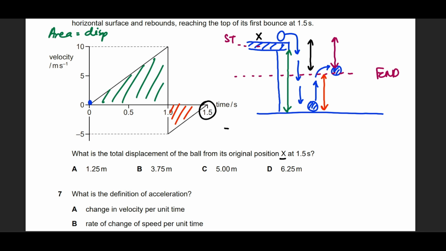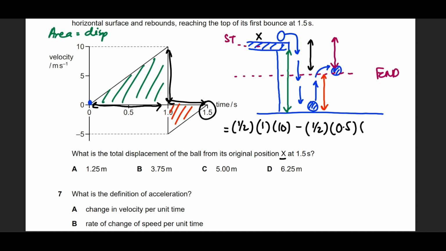So this is going to be 1 over 2 into base. So the base of this part is 1. The height of this part is 10 minus the area of the orange triangle, right? So this will be 1 over 2 into the base is 0.5 from 1 to 1.5, and the height is 5.